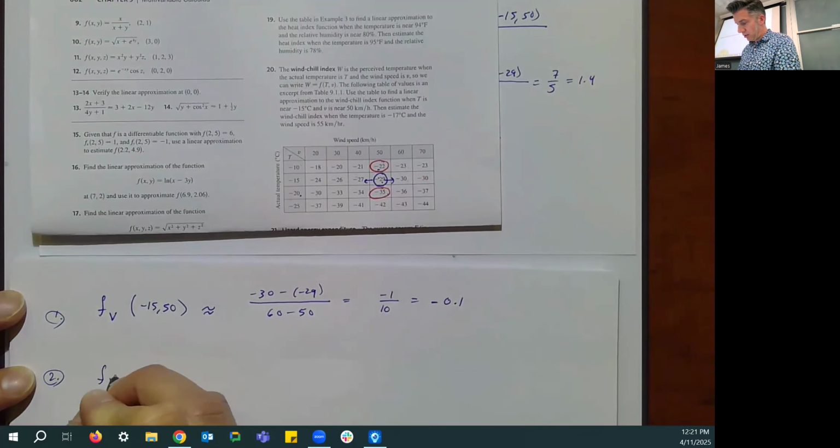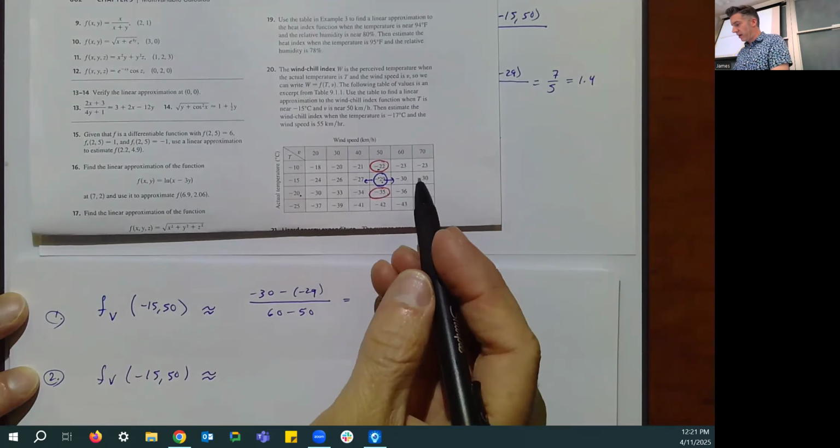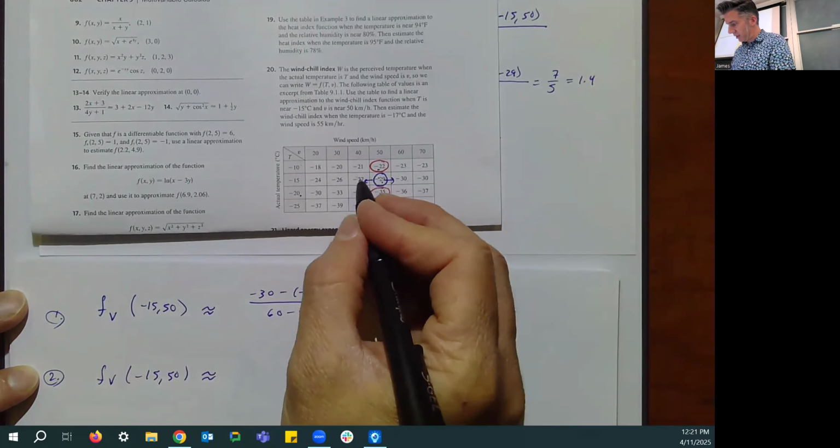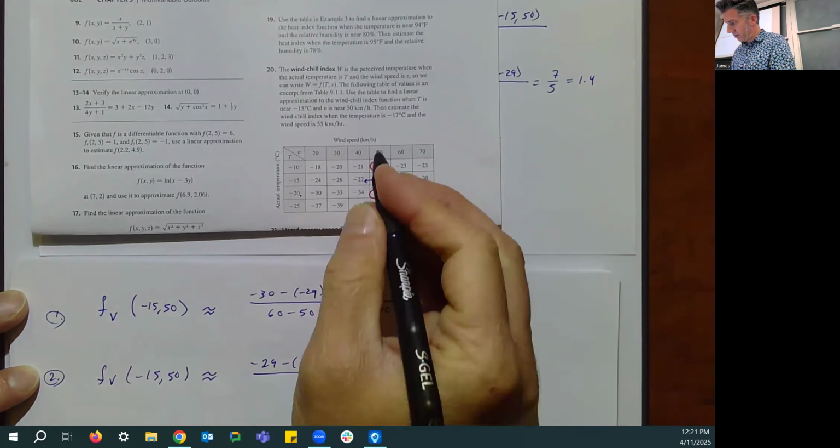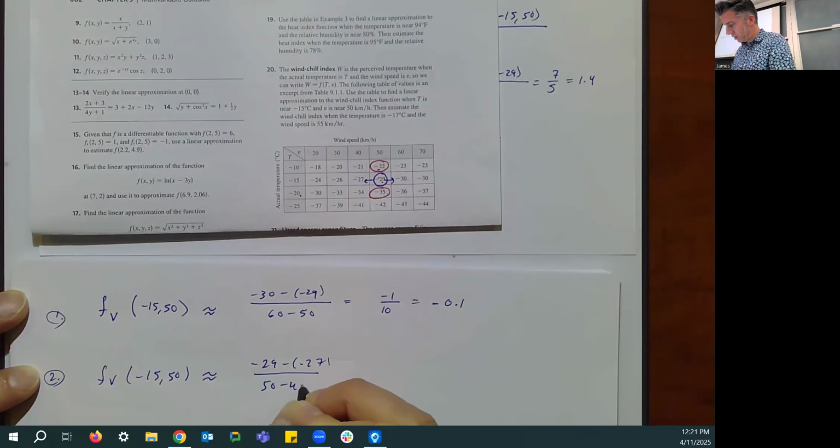Similarly, the partial derivative in the other direction, going to the left instead of going to the right, is going to be negative 29 minus negative 27 divided by 50 minus 40, which is negative 2 divided by 10, which is negative 0.2.